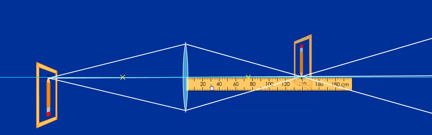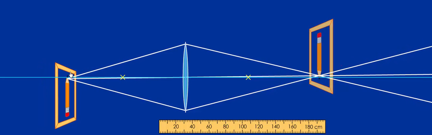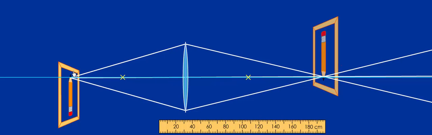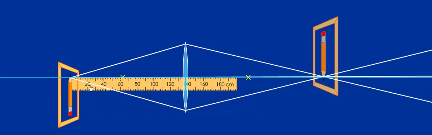Okay, let me move the ruler out. Let's move the object. That's the new object position. Measure the object distance. Now, these measurements are in centimeters, so you should record all your readings in centimeters.